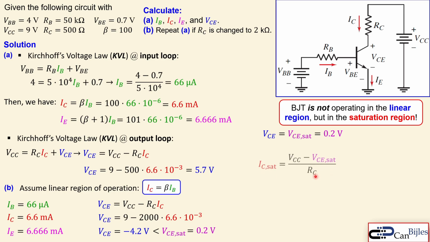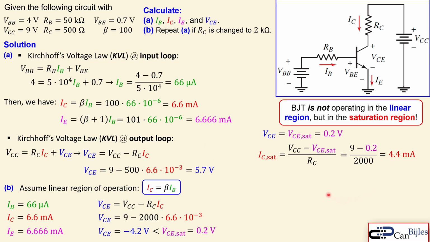Now we can set up the equation to calculate the new current for the collector, which is IC SAT, the saturated current for the collector. Using Ohm's law, this voltage divided by the resistor, which is VCC minus the 0.2 here, divided by RC, gives you 4.4 milliamps. So it is not 6.6 milliamps anymore, it's 4.4 milliamps.